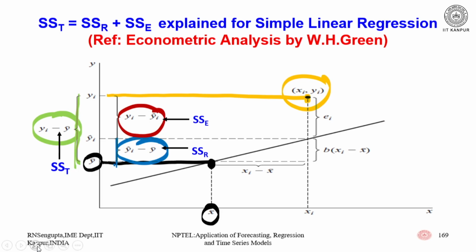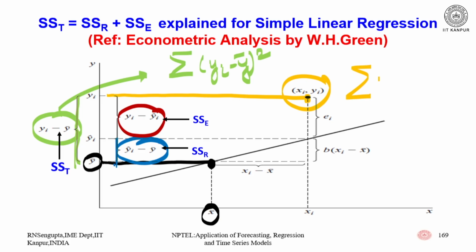So, again I am repeating, for this part, summation of yi minus y bar square for all the values of n is SST, summation of all the values corresponding to y hat i minus y bar square summed up for all n is given by SSR.